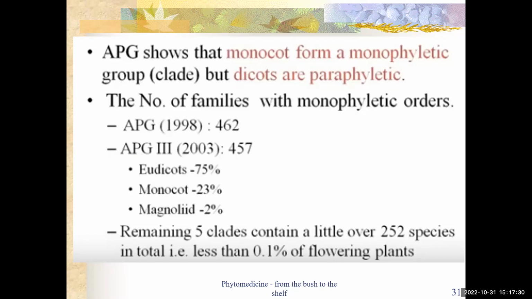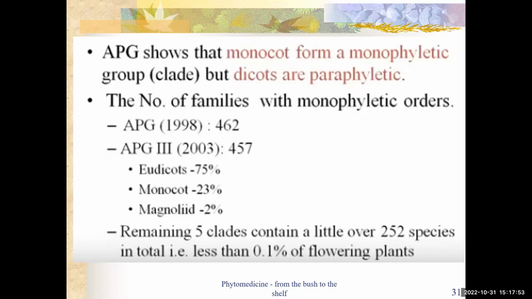And these are some of the different characteristics: eudicots, monocots, magnoliids are distributed in that way. And then there are 5 other clades that we really don't know. They are more of a basket with different plant groups put in together.